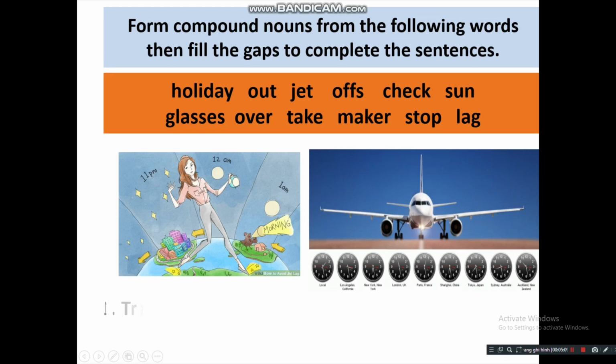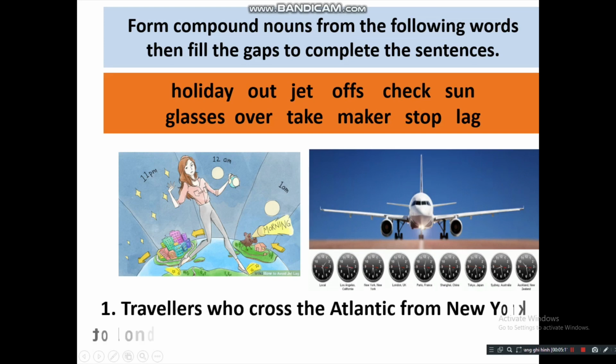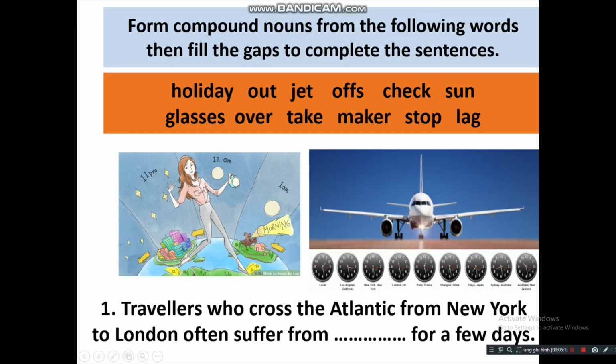Here are some pictures to go with it. So number 1, travelers who cross the Atlantic from New York to London often suffer from blank for a few days. So in the blank we can fill it with jet lag. So here jet lag is the compound noun. That is exercise number 1.